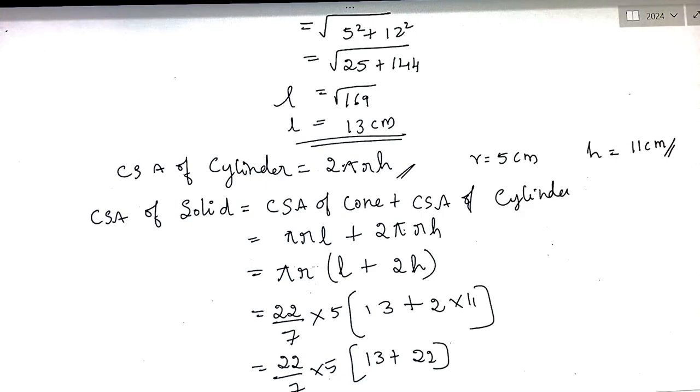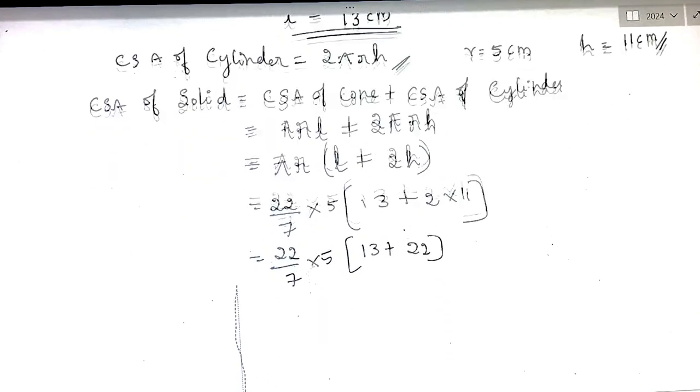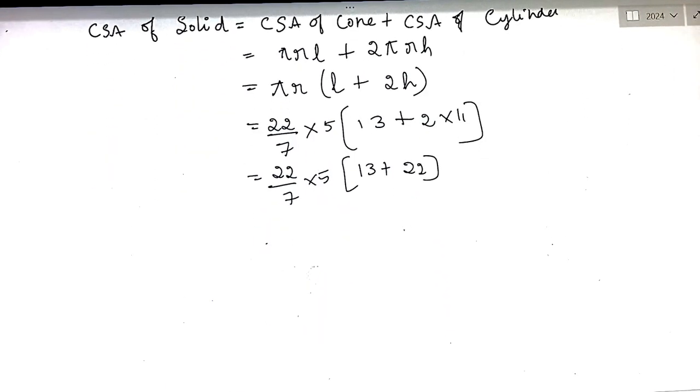Okay, so now if we simplify it further, it will become 22 by 7 into 5 into 13 plus 22, which is nothing but 35. Okay, 7 ones are 7, 7 fives are 35, so 22 into 5 into 5 is nothing but 550.